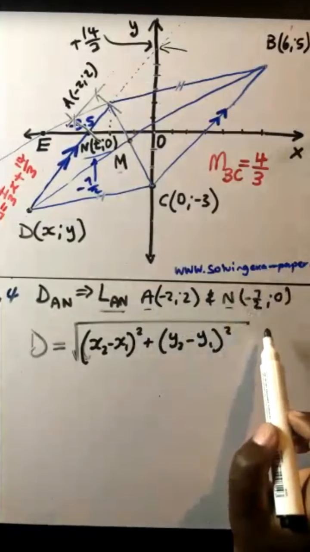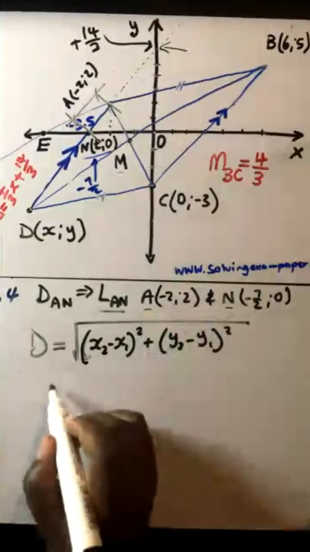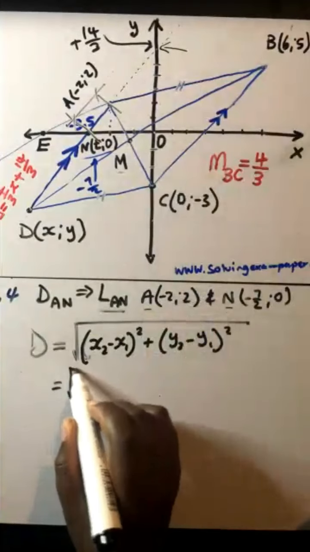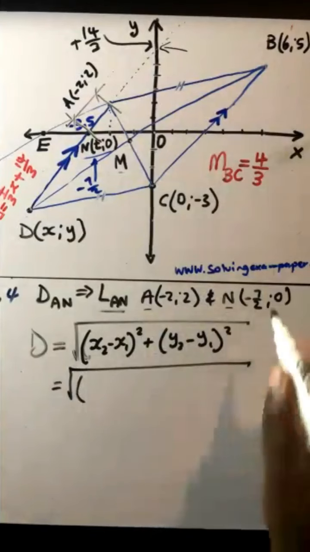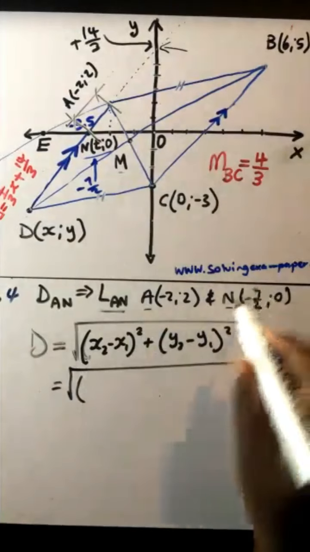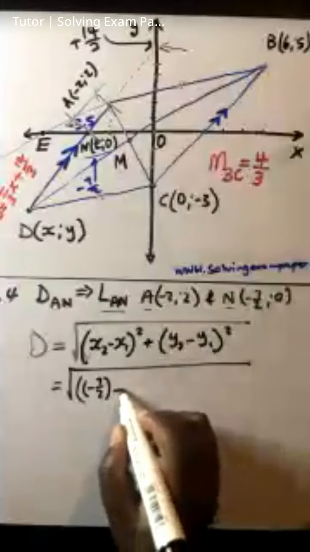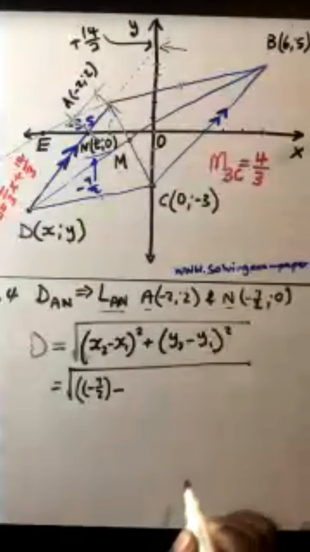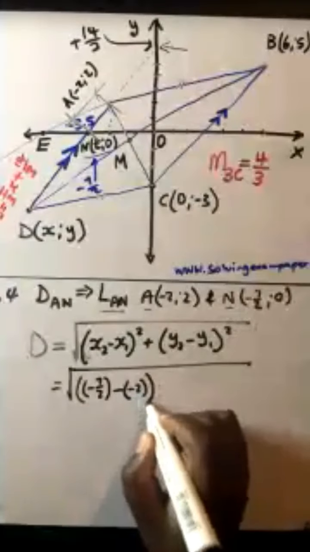So this will be my x2, y2, and this will be my x1, y1. So it's just a matter of substitution, ladies and gentlemen. What is my x2? It's -7/2 in brackets, minus my x1. x1 is -2 in brackets, ladies and gentlemen.